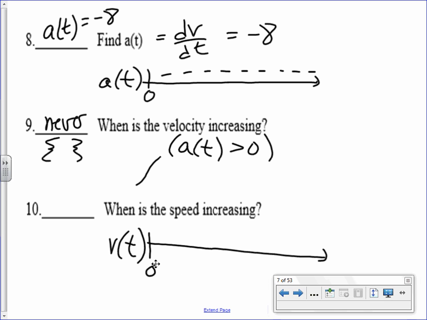So I'm starting at 0, 2 over here, it's positive, negative. So when is speed increasing? They have to have the same sign. So you see, for times greater than 2, they're both negative. So it's going to speed up when t is greater than 2, or we can write from 2 to infinity. But again, you got to know the concept. Speed increases when velocity and acceleration have the same sign. They're both positive or both negative.